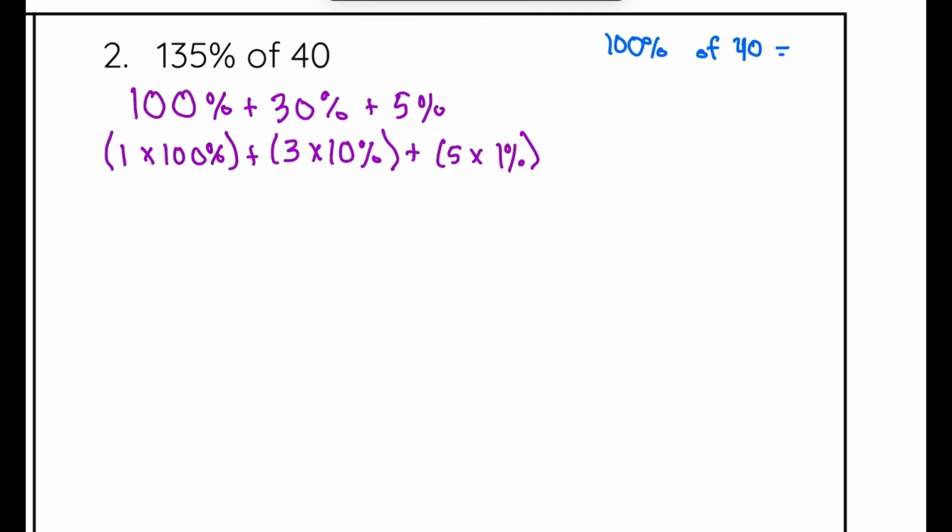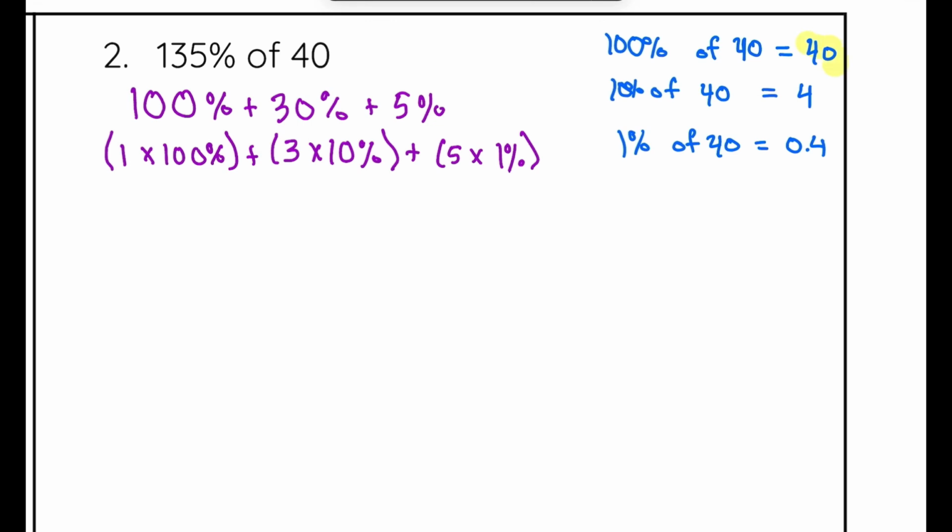So 100% of 40 is 40. 10% of 40 is 4. And 1% of 40 is 0.4. And again, that's using the 10% and 1% shortcuts that we talked about earlier.